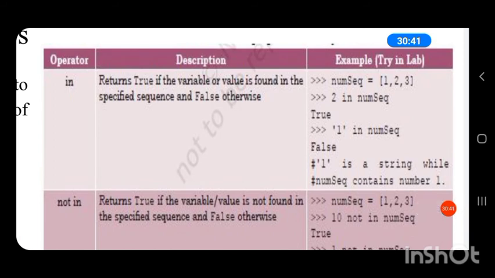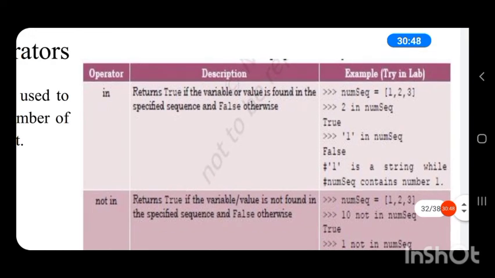Now it is checking '1' in num_seq. It returned false.